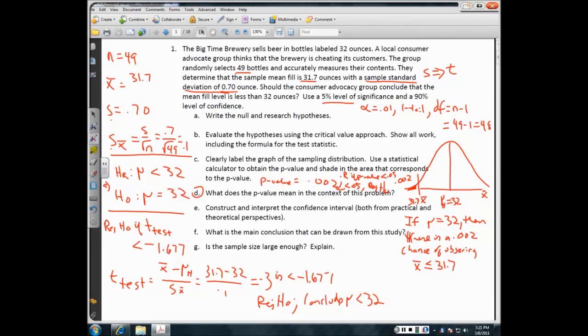By the way, we did get one of 31.7. Therefore, we're pretty sure that mu is not 32, because there's almost no chance that we would get this if the population mean were 32. If you haven't gotten the reasoning down on that yet, please go back and review and make sure you get that reasoning of the p-value ironed out.